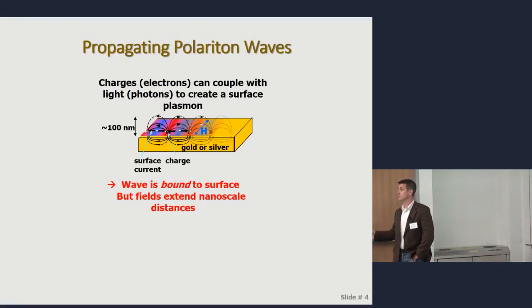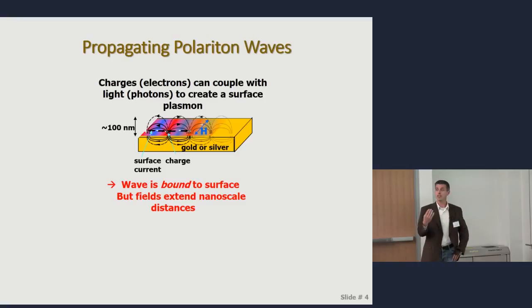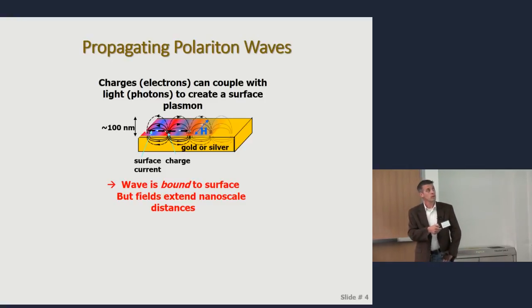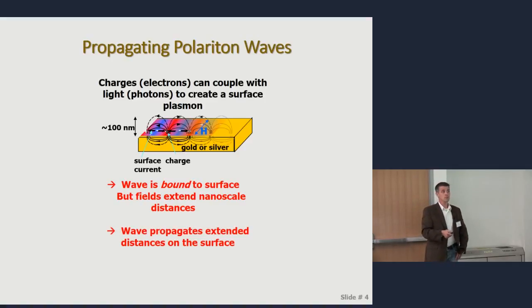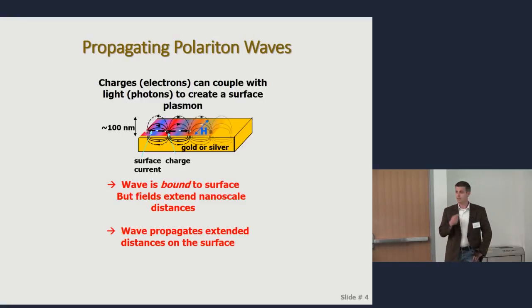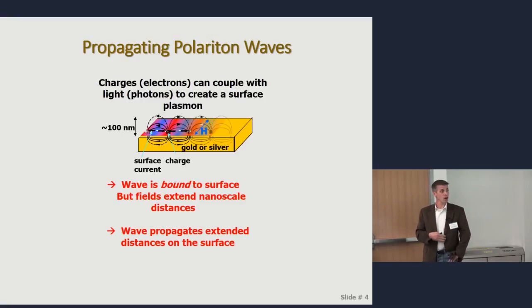You can do things like surface enhanced Raman scattering. You can have it interact with its environment to modify emission. Or you can scatter this back out in the form of a waveguide to then read back out that information, right? So the idea is you can get this to propagate extended distances. One of the main drawbacks that we found is that there's a lot of issues with loss and how far this can propagate.